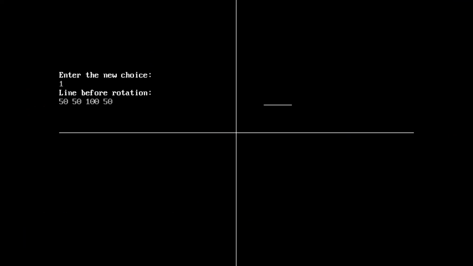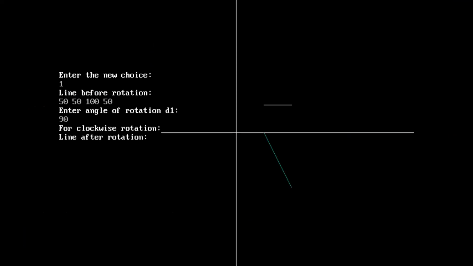So choice is 2, new choice is 1. The line before rotation is, let us say, 50-50. Horizontal line we will take. And now I will rotate it with 90 degree. So angle of rotation is 90.